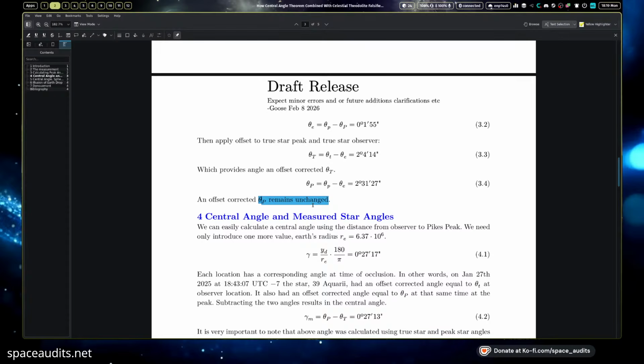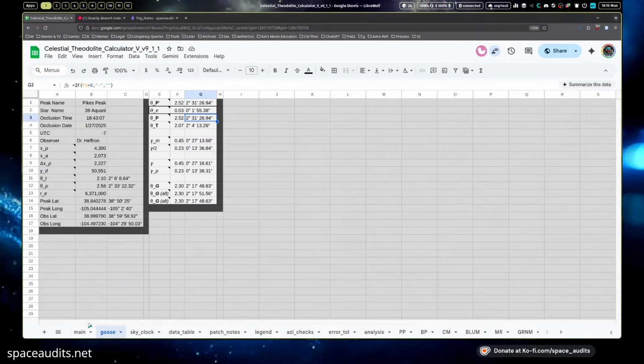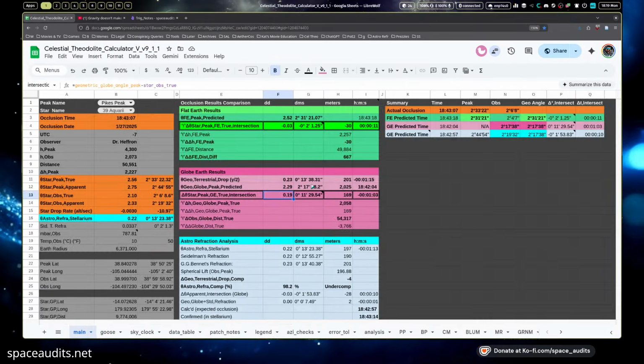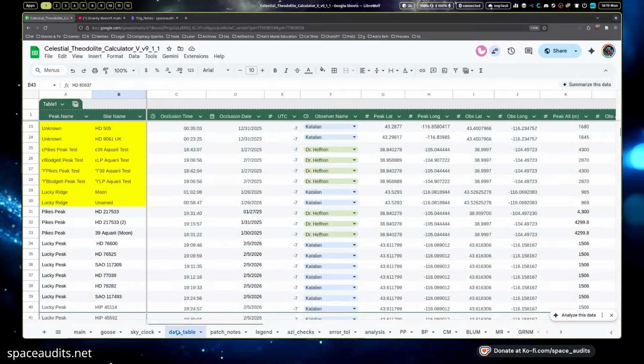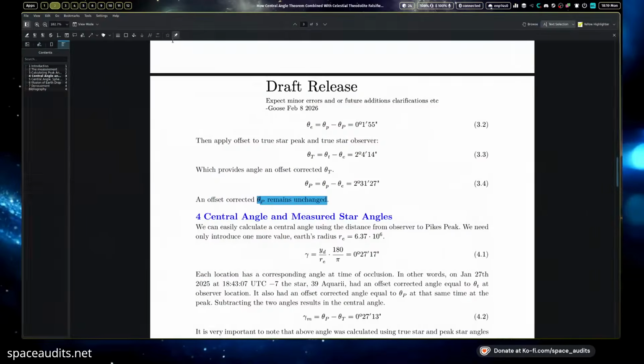So when we subtract the difference between those two and align the star's position to flat Earth, we're looking at the true elevation difference that was measured at the time of occlusion. Because if the Earth were a globe, these offsets here would basically be reversed. Oops. We will continue on.